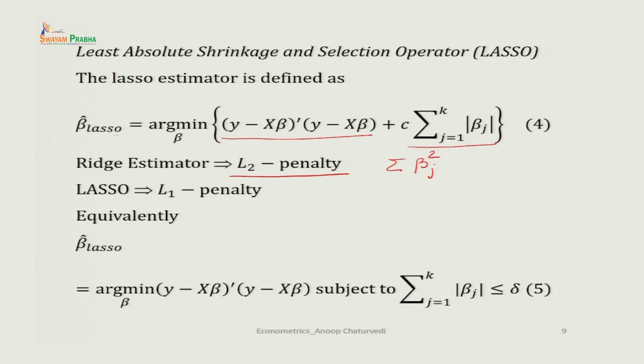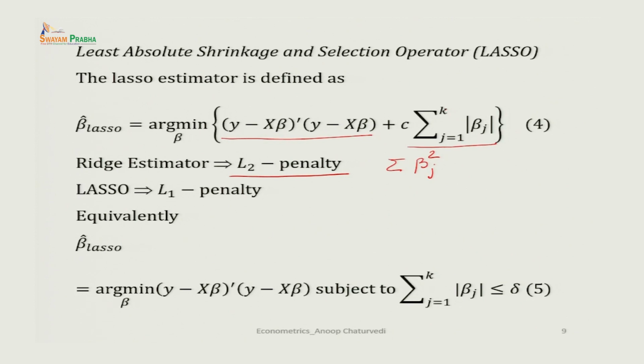So, beta hat lasso is the argument minimum over beta of (y minus x beta) transpose (y minus x beta) plus C times the L1 penalty, summation j equal to 1 to k of mod beta j.